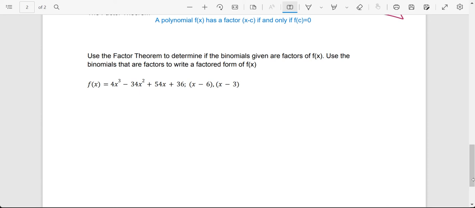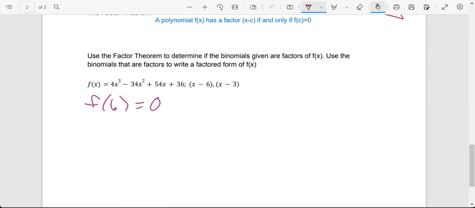So let's try x minus 6 first. If we plug in 6 into the function, f of 6, you plug 6 in everywhere into this function, what's your output? Your output would be 0. So it is a factor.